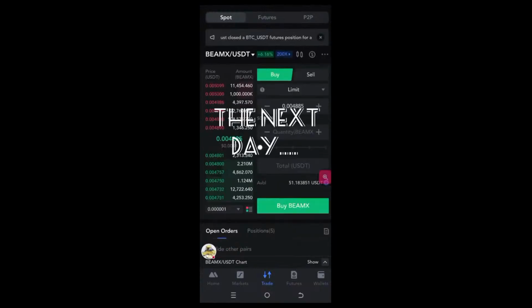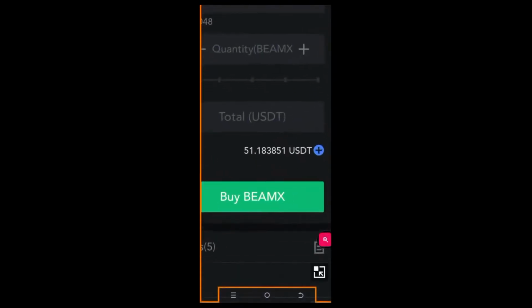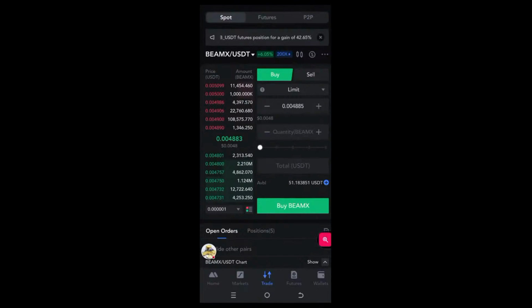And as you can see, BeamX has already executed. Right? See that? We got $1.18. And the beautiful thing about Mexi is that there are no trading fees. You don't pay any trading fees for now. Maybe later on, but for now, whatever you put in your spot is what you get. So here it is. We have $1.18, and that is 2.36%.